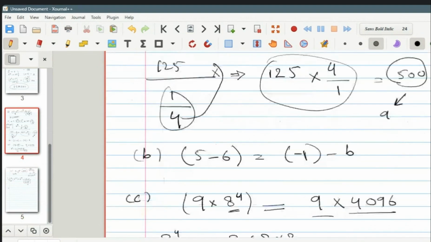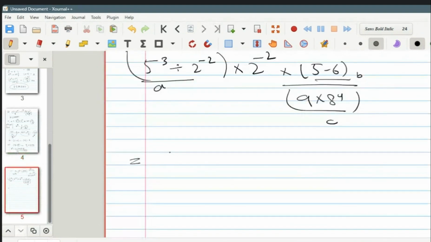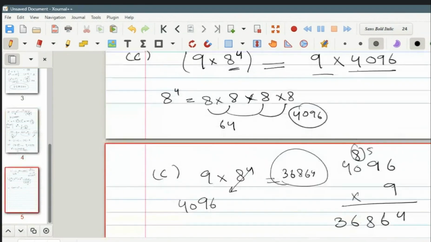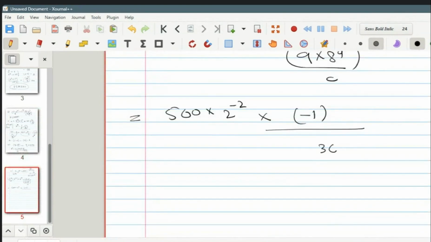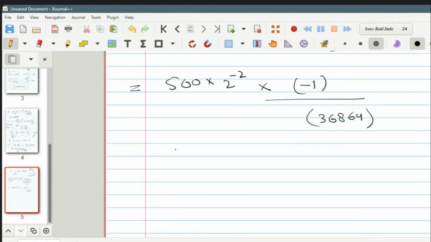Parenthesis number a is 500. 500 multiplied by 2 minus 2 multiplied by 5 minus 6, which is what? Minus 1, divided by this. Parenthesis number c is 36864. Now this question has become very simplified, and we can do this very easily.